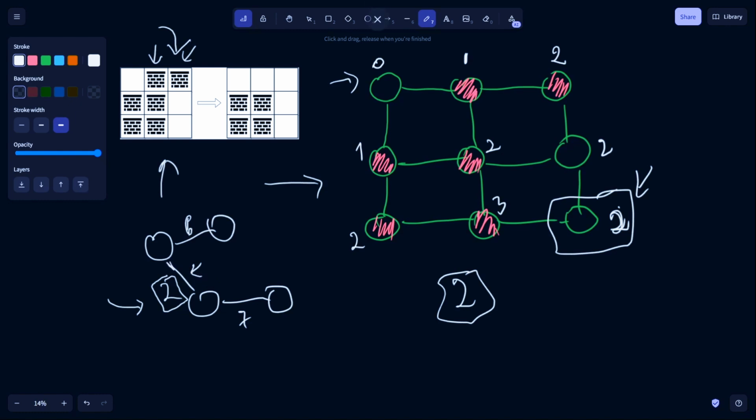It could be the minimum time between these two vertices. This could be cities, and visiting these two cities, for example, it might be 2 hours.